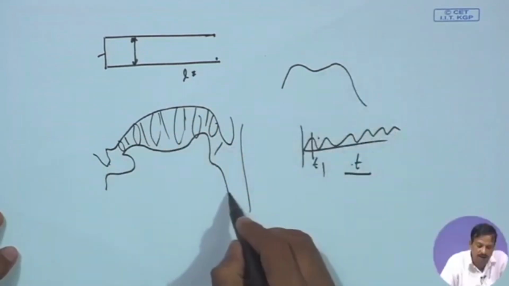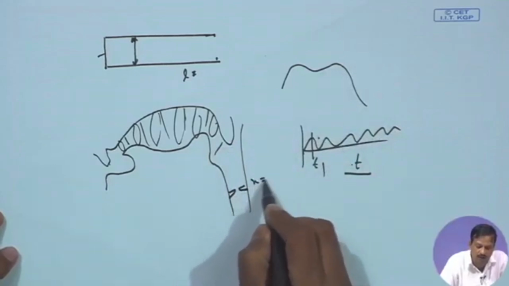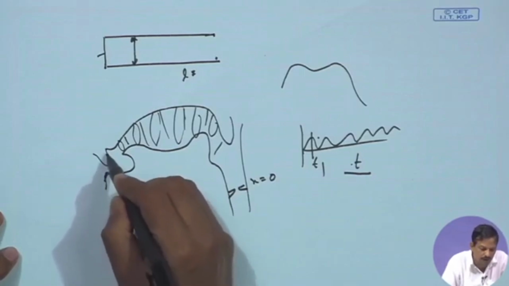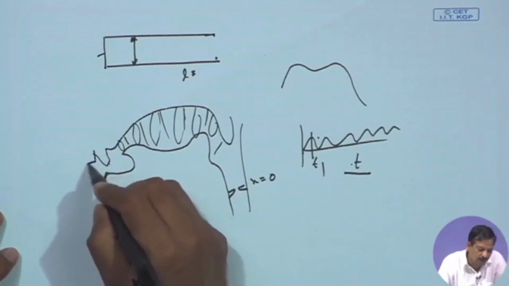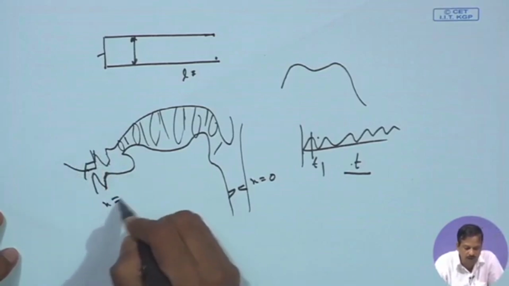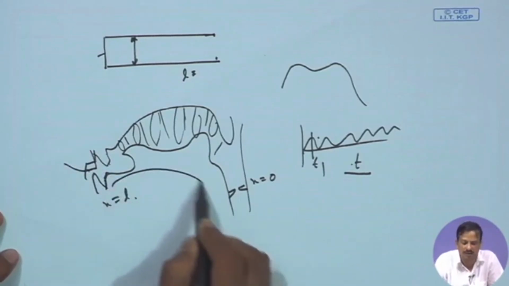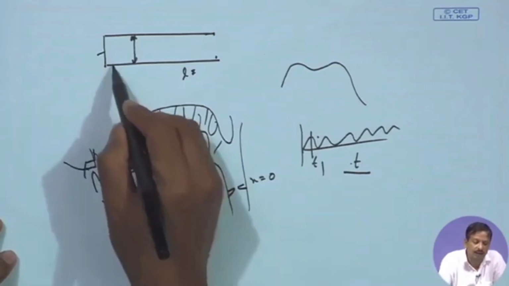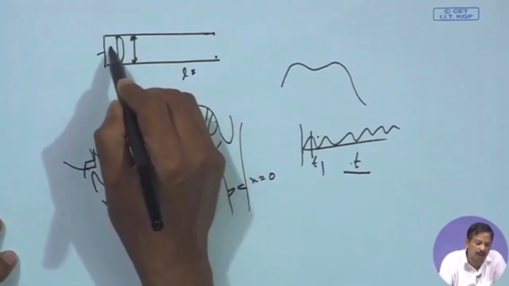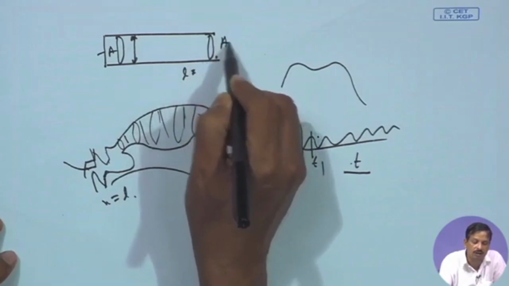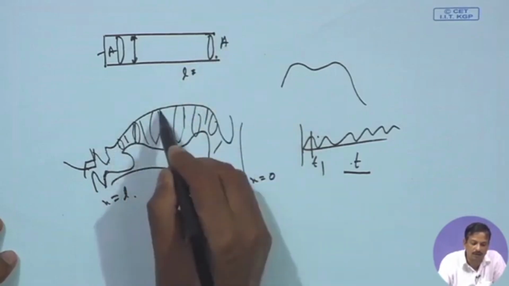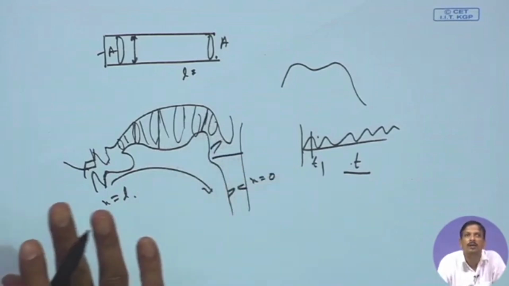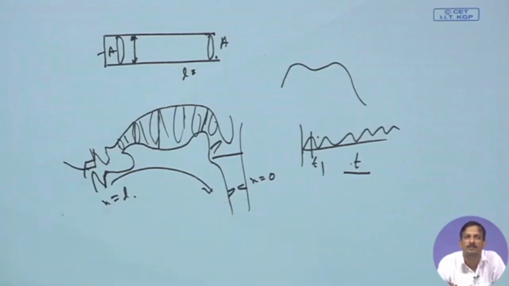If this is the glottis or vocal cord, this is x equal to 0, and this is the lip, where x equals L. So, the length of the tube is L. For a uniform tube, the cross sectional area is the same throughout, A here and A here. But in the real tract, it is different here, here, and here. So, there are different kinds of cross sectional area.